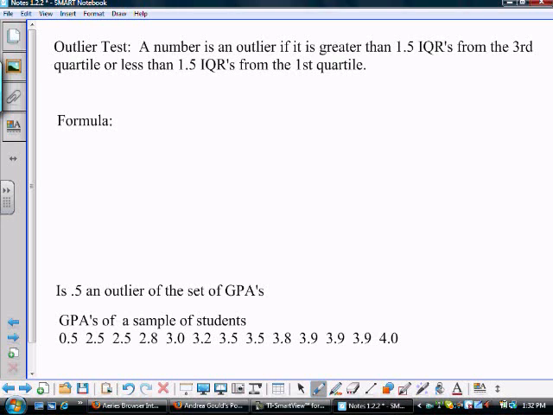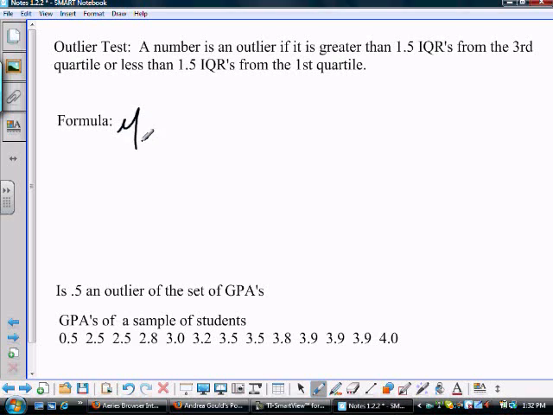So we're calling 0.5 an outlier. We have an actual formula for deciding whether something's an outlier. A number is an outlier if it's greater than 1.5 IQRs from the third quartile or less than 1.5 IQRs from the first quartile. Let's do that in a little formula.